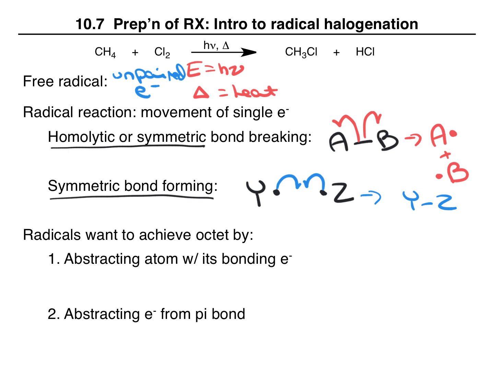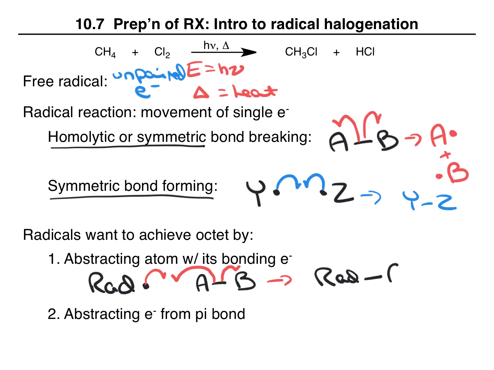So if we have, for example, a radical, and this reacts with some molecule AB, well, this radical can grab A with one of its electrons that used to be shared between A and B, and then that forces the other electron to move on to B. So we get a new bond between our original radical and A, and we generate a new radical, B.